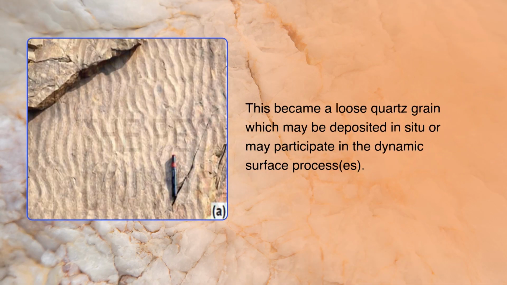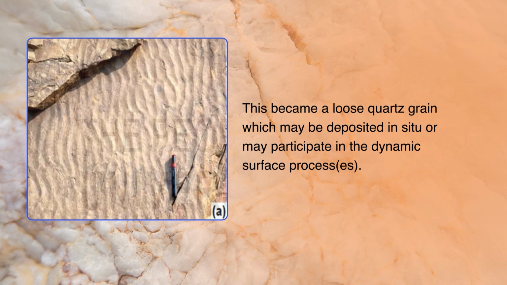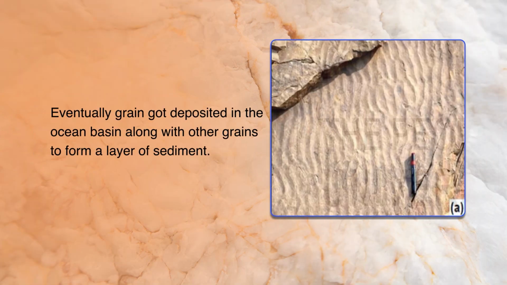Then it became a loose quartz grain, which may be deposited either in situ, or transported to some place by some medium, and it may participate in the dynamic surface processes, and eventually that grain got deposited in the ocean basin along with other grains to form a layer of sediment.